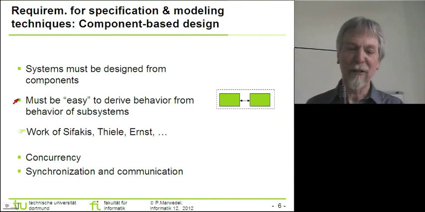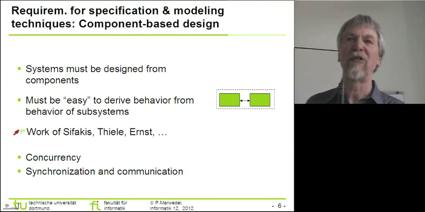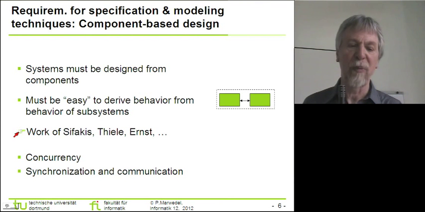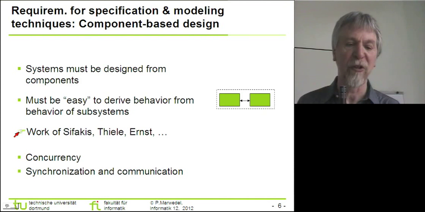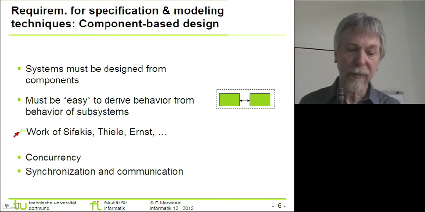Yeah? So that's something that we require. And in general, this means that we have to have techniques that will allow us to generate the overall behavior from the behavior of the subcomponents, and there has been quite some research work in that direction by researchers such as Sifakis, Thiele, Ernst, etc.